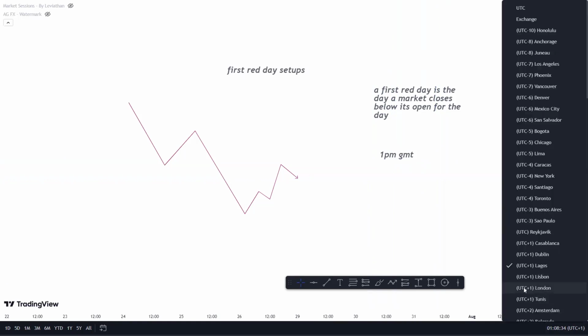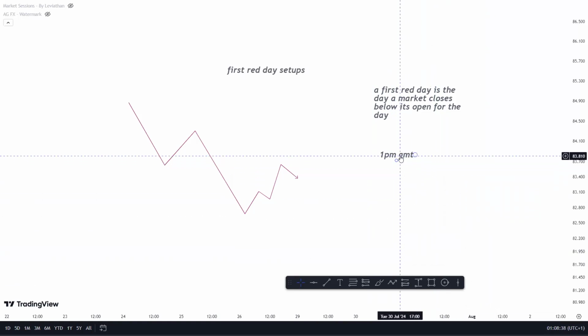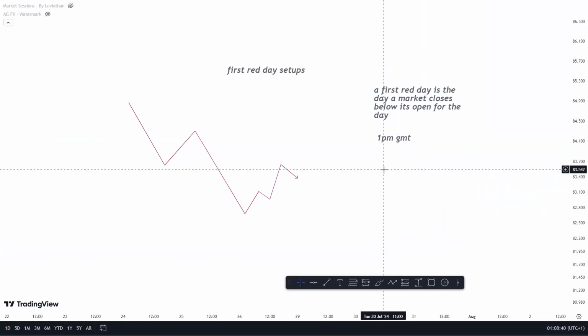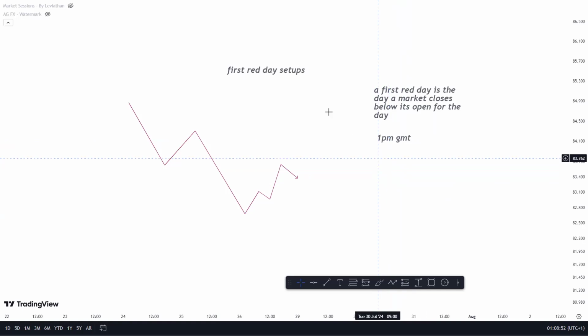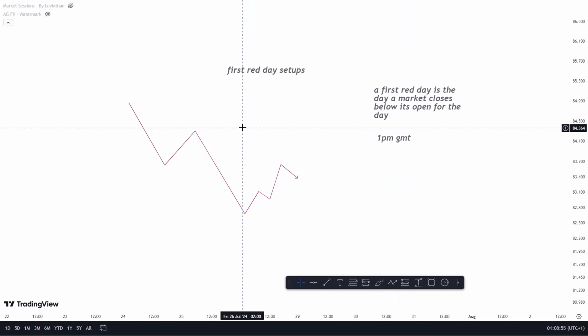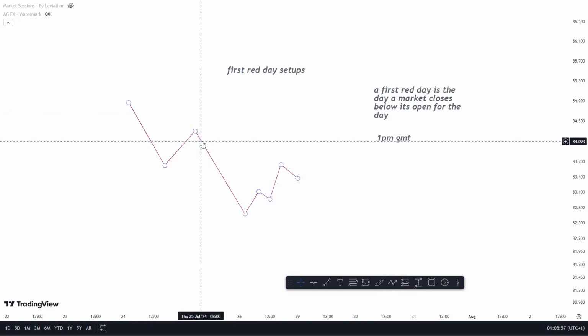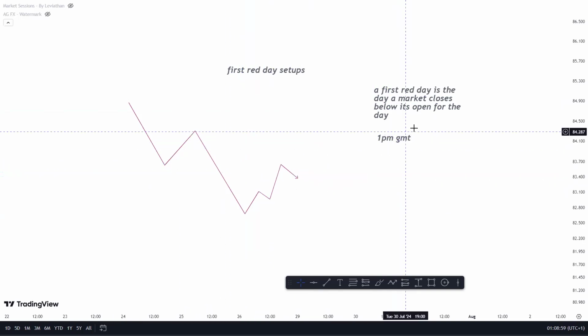London now is UTC plus 1, but on a normal day it will be 0, so I think there is daylight savings. It happens sometimes. So you just know that 1 p.m. GMT is when New York starts. In my own time, Nigeria, that is 1 p.m. Nigerian time. Do you understand? So my chart is set to that timing. Anyways, that's when I want to start looking at the chart.